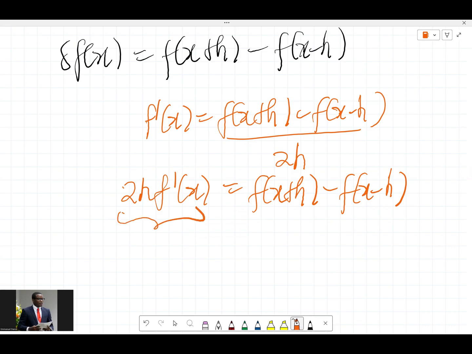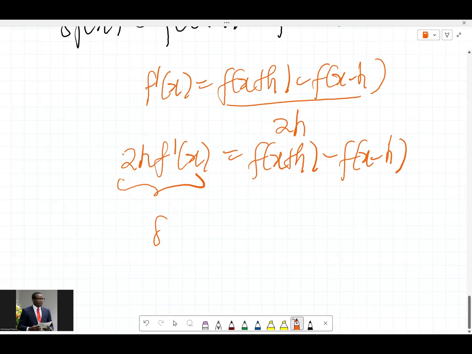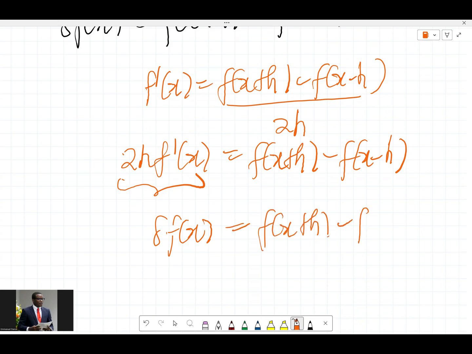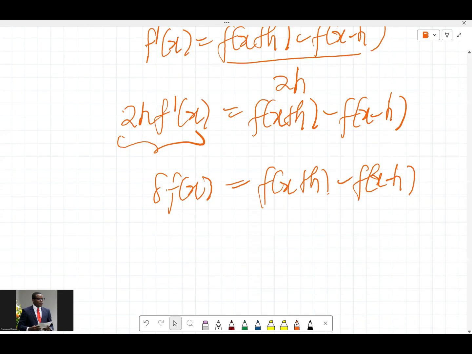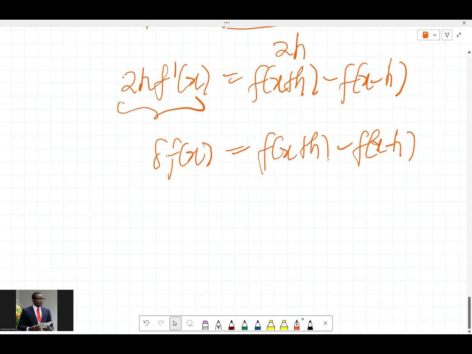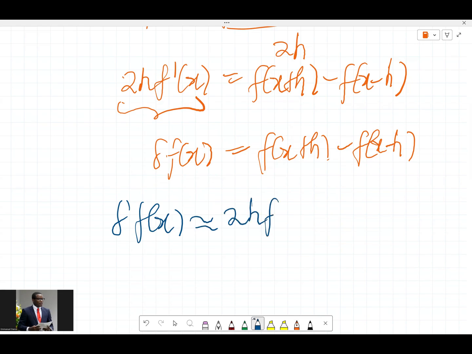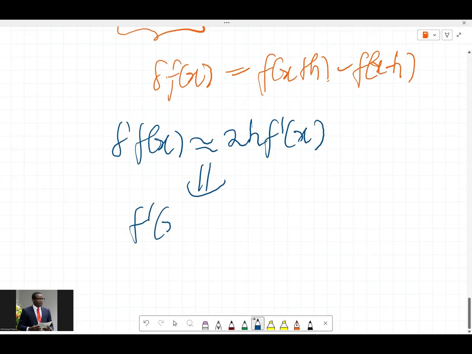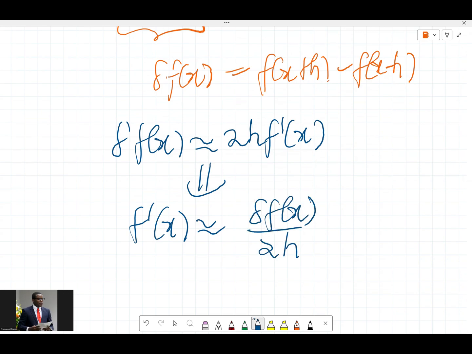This whole thing is what becomes your central difference operator. In other terms, delta f of x is approximately 2h f prime of x, which implies that f prime of x is approximately delta f of x divided by 2h. But that's by the way.